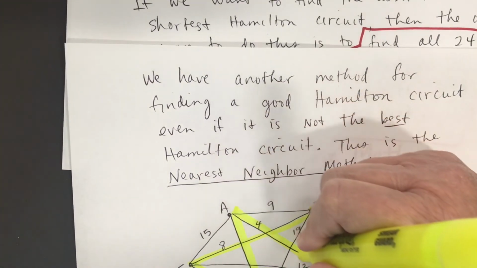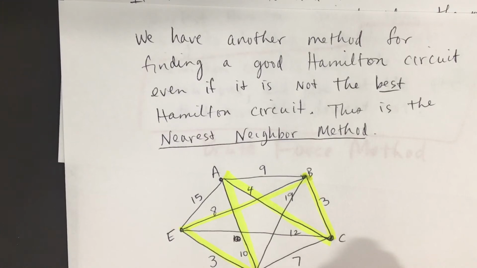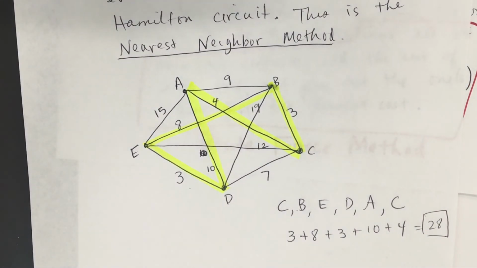And then from A, I have to go back to C. So using the nearest neighbor, starting at C, we have C, B, E, D, A, C. Then they're going to ask you to find the cost. 3 plus 8 plus 3 plus 10 plus 4. 6 plus 8, that's 14. 14 plus 14 is 28.